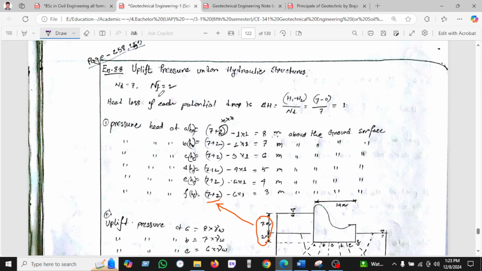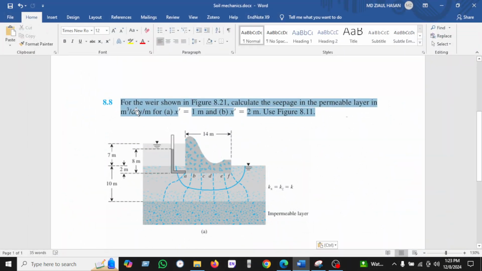Okay, so let's see another example. Before we go to the example, we have to read the question. The question is: for the weir shown in figure 8.2, calculate the seepage in the permeable layer, cubic meter depth per meter, with x prime 1 meter and x prime 2 meter, and use this figure.